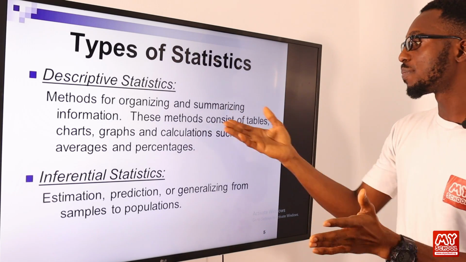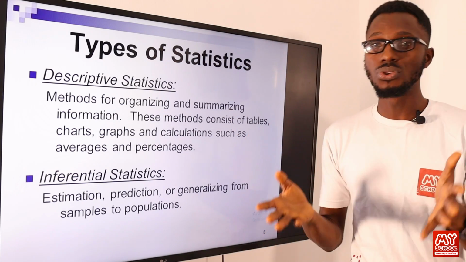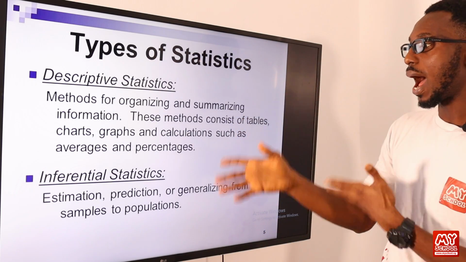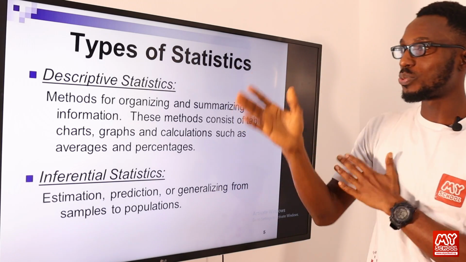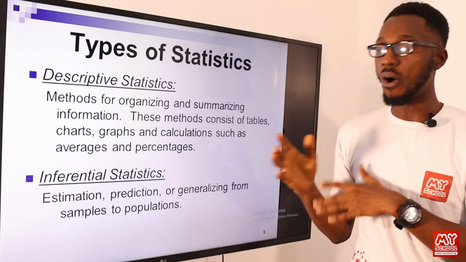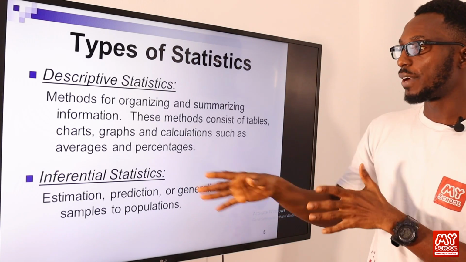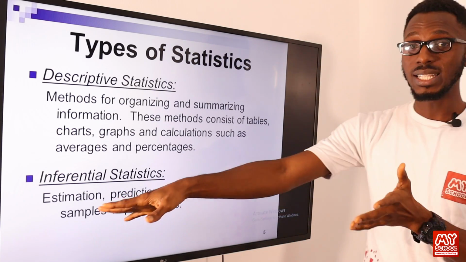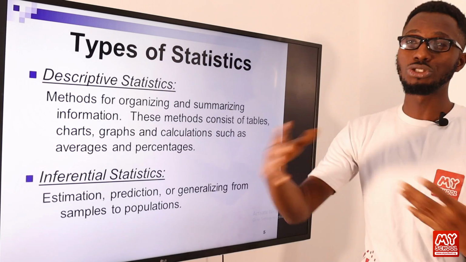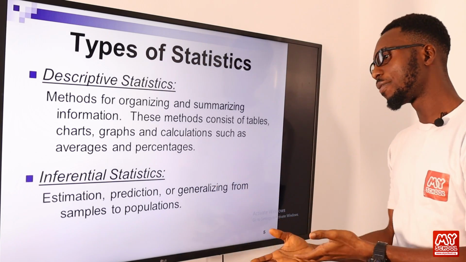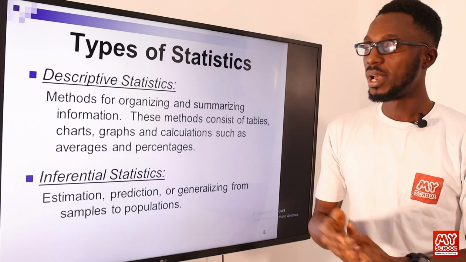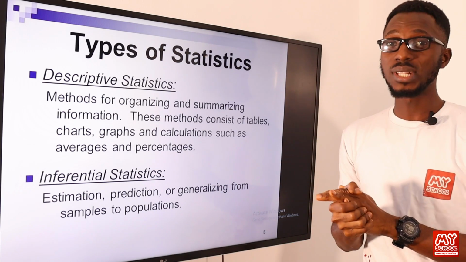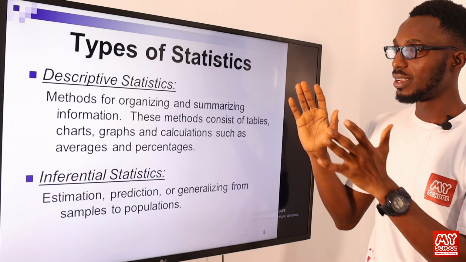So this method consists of tables, charts, graphs, and calculations such as averages and percentages. That is where descriptive statistics come in. Then we have inferential statistics. Right here you want to do estimation, you want to do prediction, or generalization from your samples to a total population. I think these are very good outlines for us to take note of. We move ahead to the next slide.